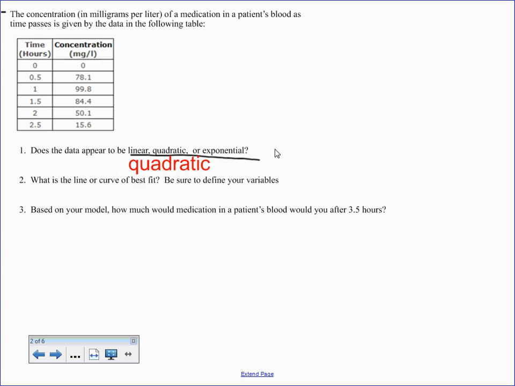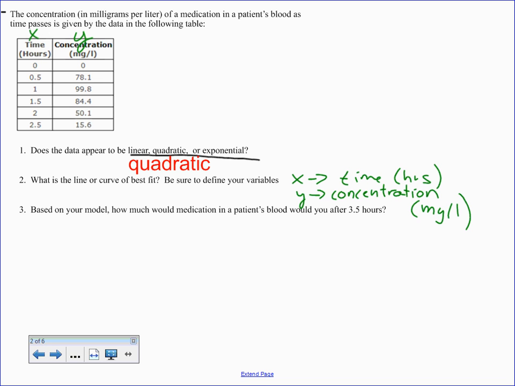So it says, what is the line or curve of best fit? Be sure to define your variables. Well, we already defined our variables. We said x is time and y is concentration. So x is time in hours and y is concentration, and the units on that are milligrams per liter.